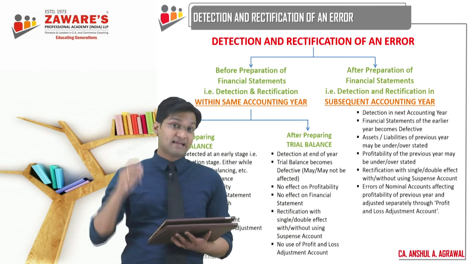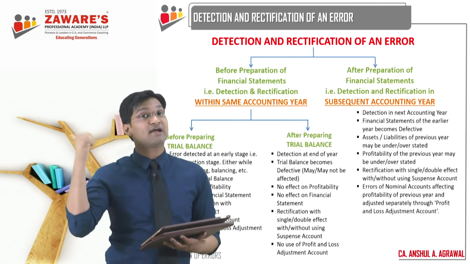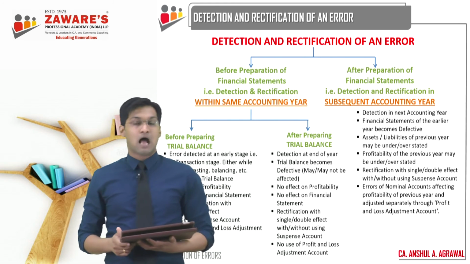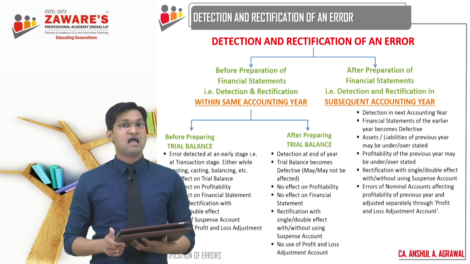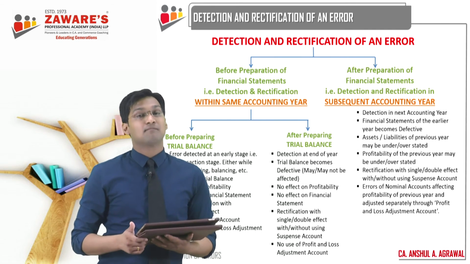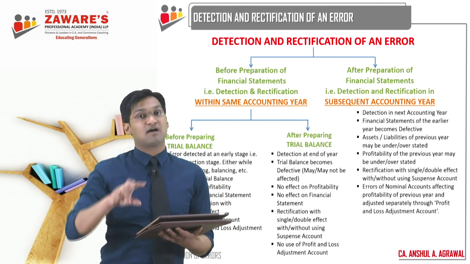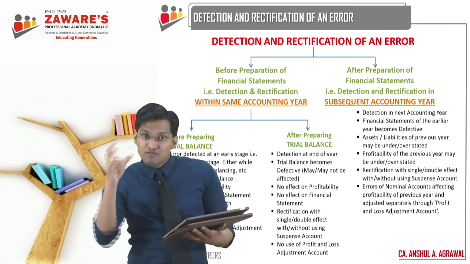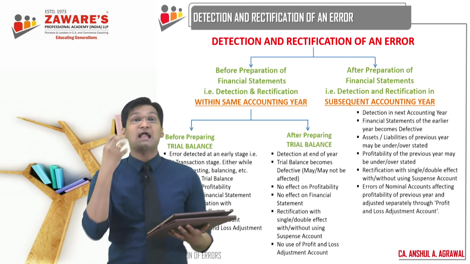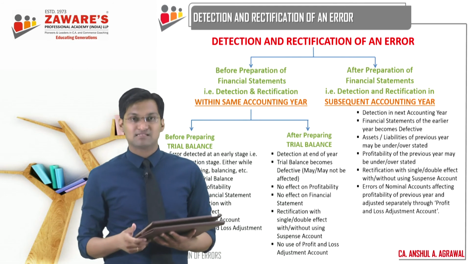Now, if I record that expense in the earlier financial year, my profit will change, isn't it? How will I do this? I cannot change the profit which is already disclosed, but yes, I will change it through a rectification entry which will be routed through a separate account known as profit and loss adjustment account. Are you understanding, all of you?